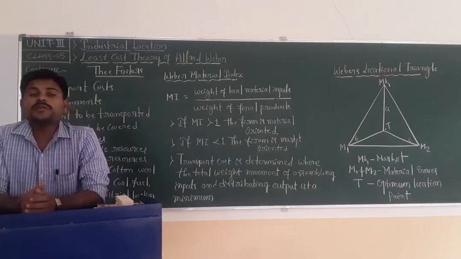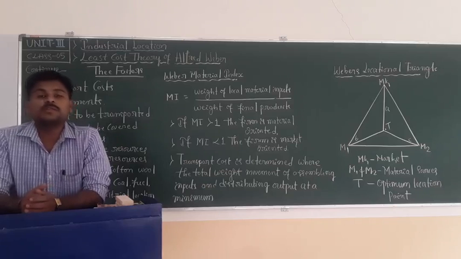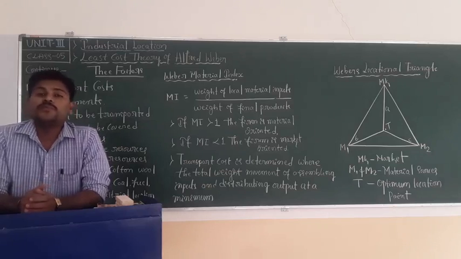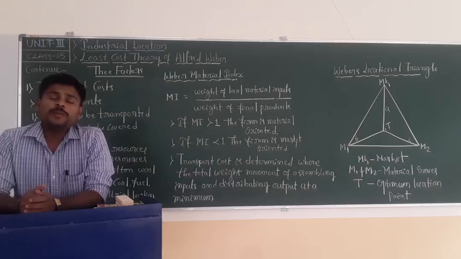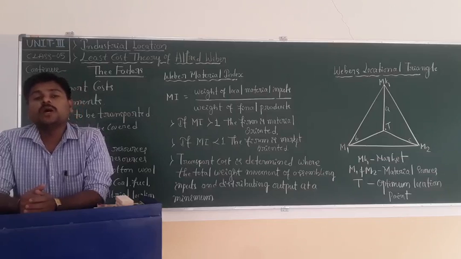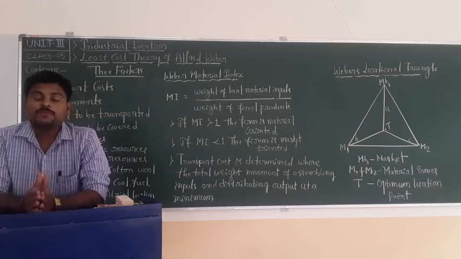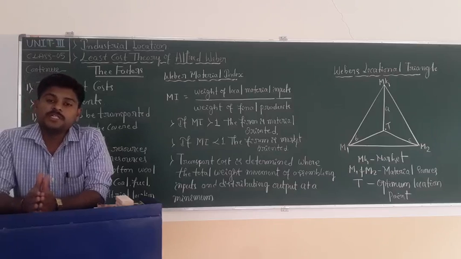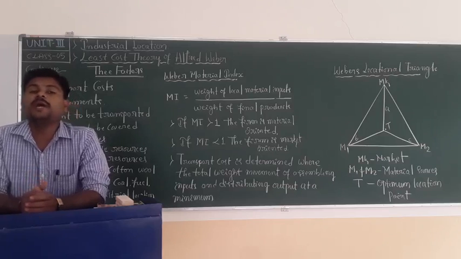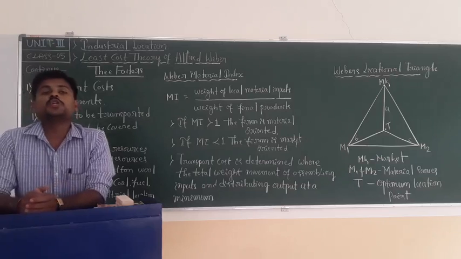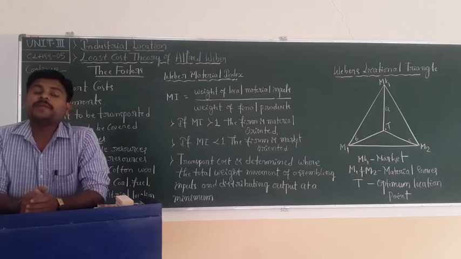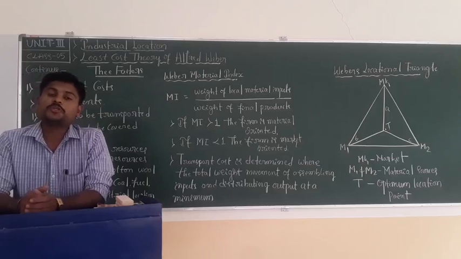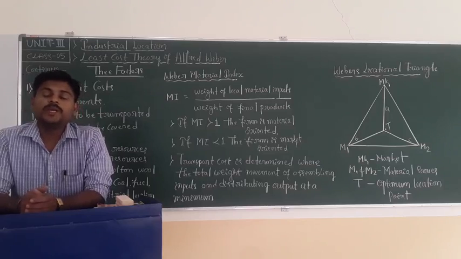Therefore, the weight of inputs, the weight of output from the manufacturing company to the market, the distance between the market and the manufacturing company, and the distance between the manufacturing company and the availability of raw materials will determine industrial location and localization according to Alfred Weber.